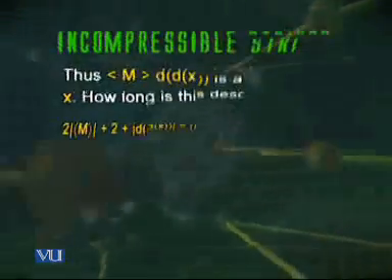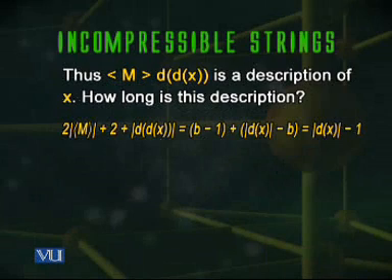The first part of this description is just b bits. What about the rest? Well, that has size d of x, the size of d of x. The first part is equal to b minus 1, and the second part is equal to the length of d of x minus b. Remember, because we said that d of x was b compressible.